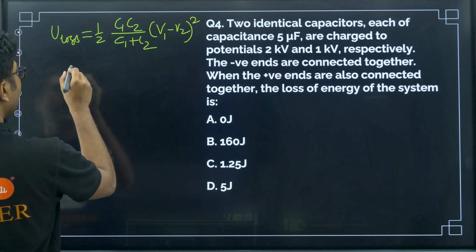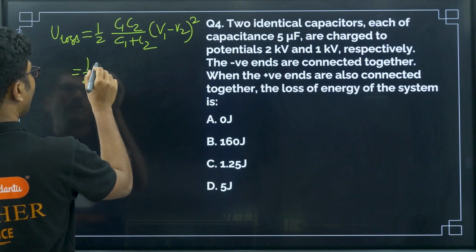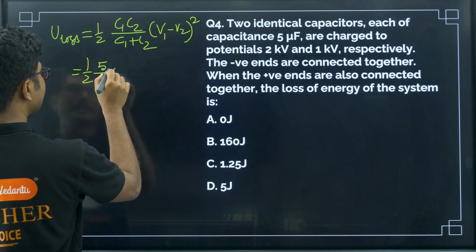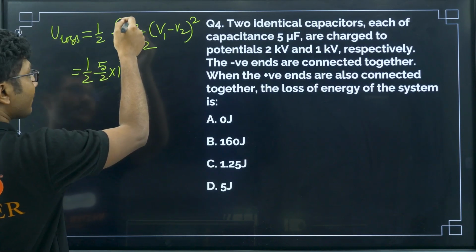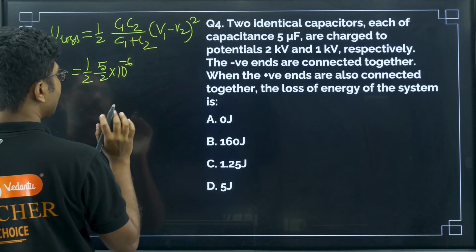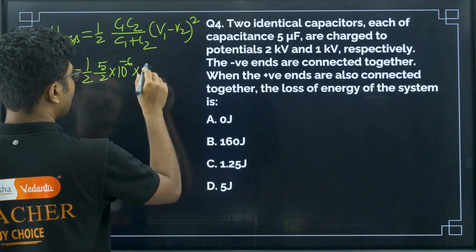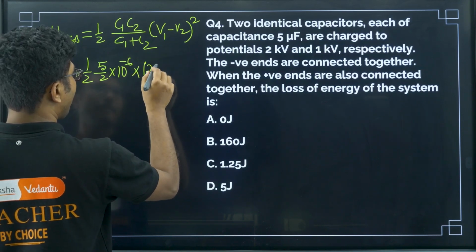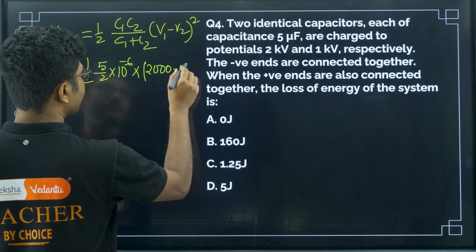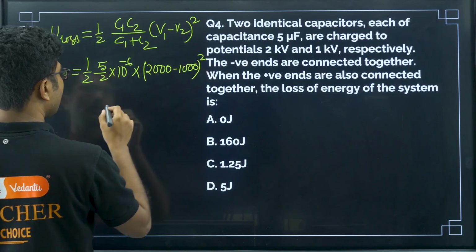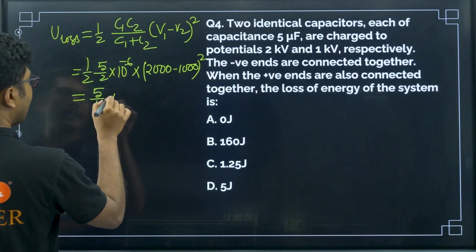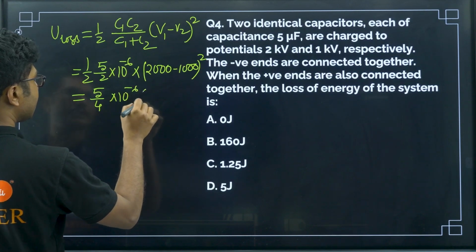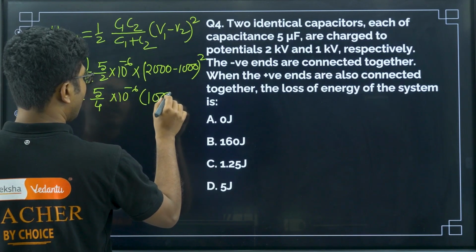So, it will be half 5 by 2, since they are all equal capacitance, I can write this, right. 5 times 5 divided by 10, it will get 5 by 2, okay, if you are wondering. Then it will be 2000 minus 1000 whole square. So, it will be 5 by 4 times 10 to the power of minus 6, 1000 square.